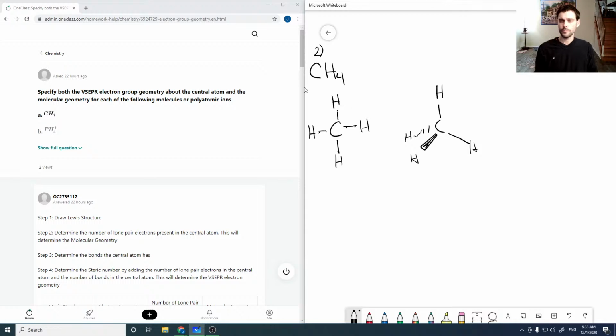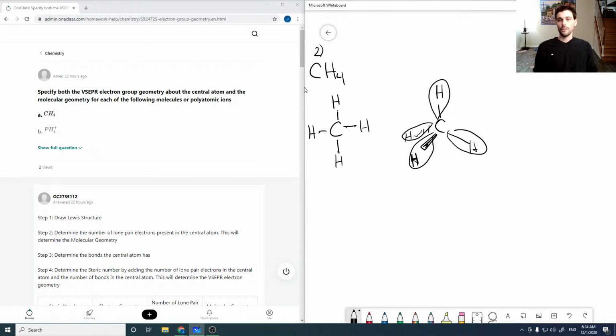These filled in wedges I'm using to show that it's coming out of the page. The dash I'm using to show that it's into the page. And so our electron geometry is tetrahedral, and our molecular geometry is also tetrahedral, right?